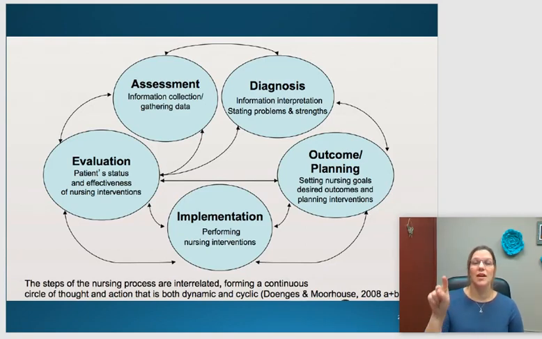So instead of just a circle showing how we go from assessment, diagnosis, outcome identification, planning, intervention, and evaluation, I like something that looks like this. These arrows point in different directions and kind of show that it's really a dynamic process.